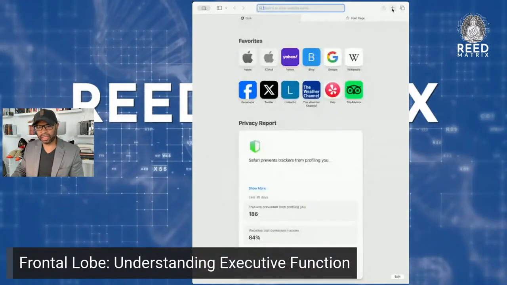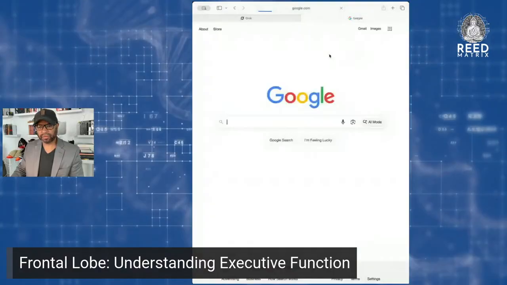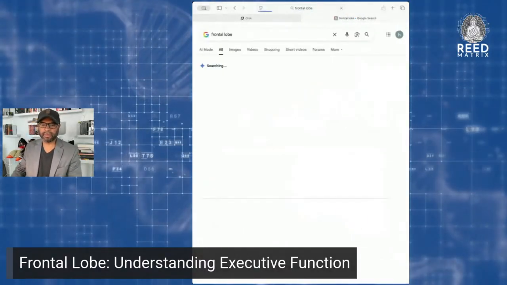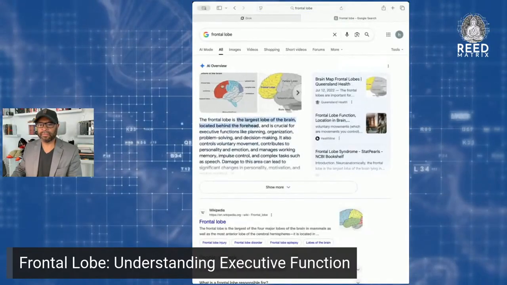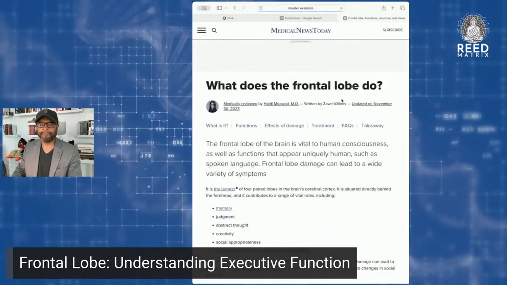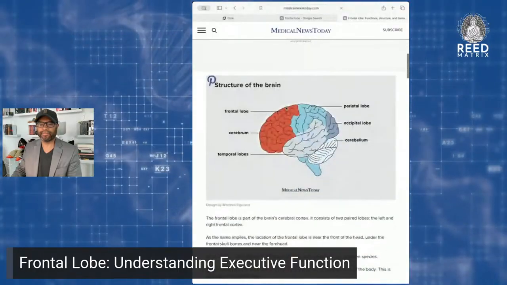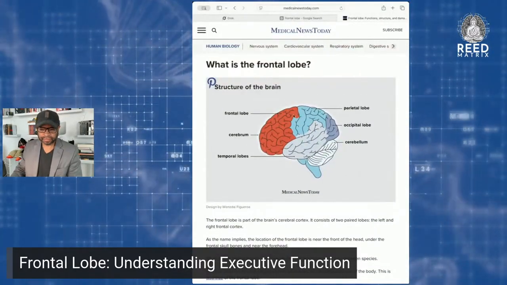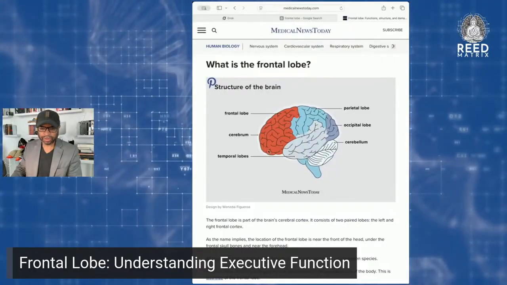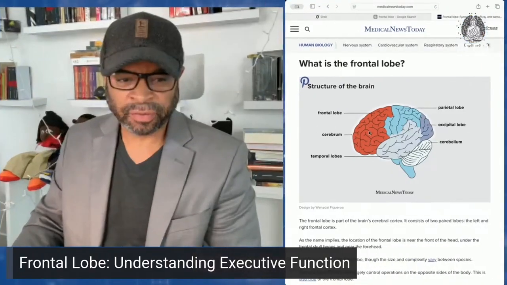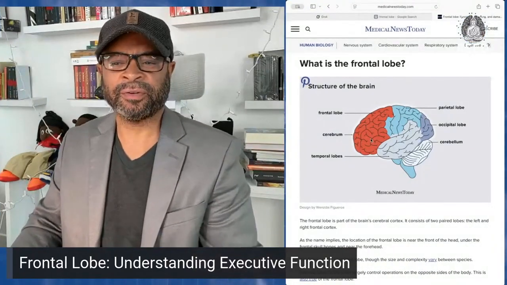first let me show you an image of the frontal lobe. Here it is. Here's the frontal lobe here in red. And this prefrontal cortex is still a part of this frontal lobe.